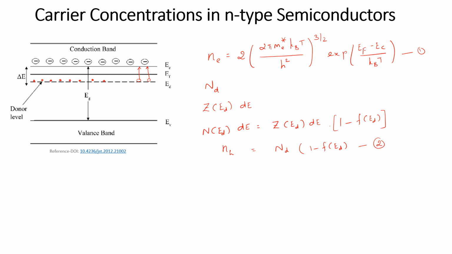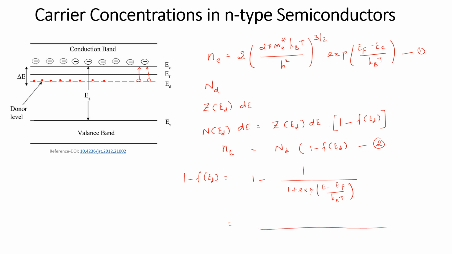Now let us simplify this one. We know what is F of ED. So I will write 1 minus F of ED is equal to 1 minus 1 by 1 plus exponential E minus EF by KBT. So what can I do?